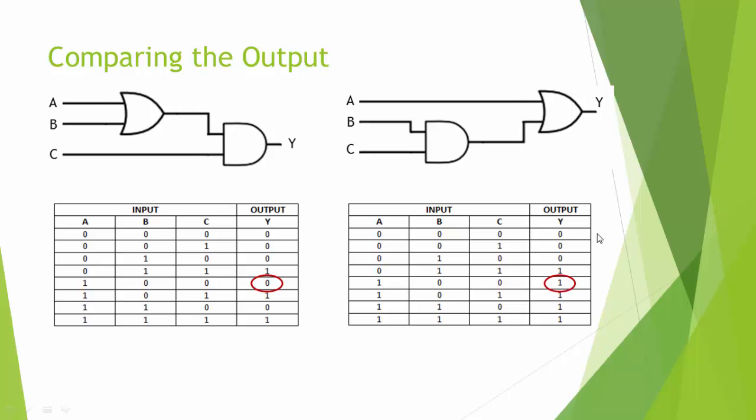You can see that in the case of A high, B high, and C low, we get a different result. Similarly, if A is high and B is high and C is low, we get a different result. Clearly, the two circuits are not equivalent.